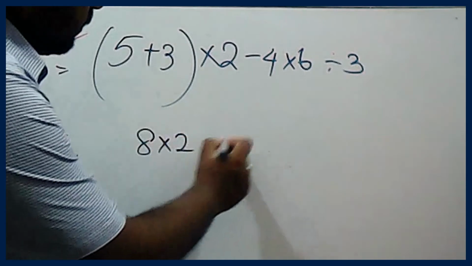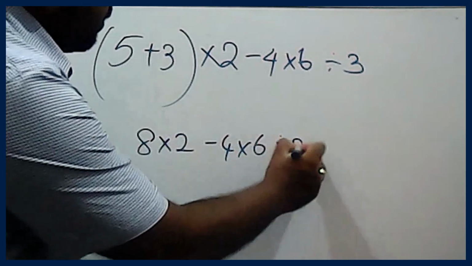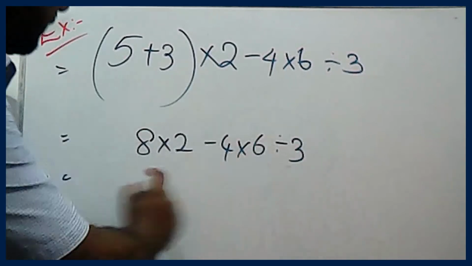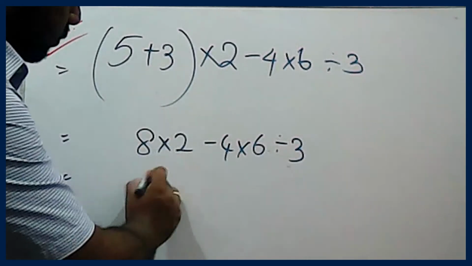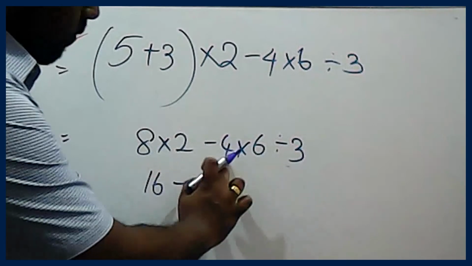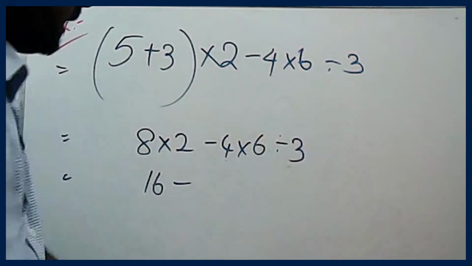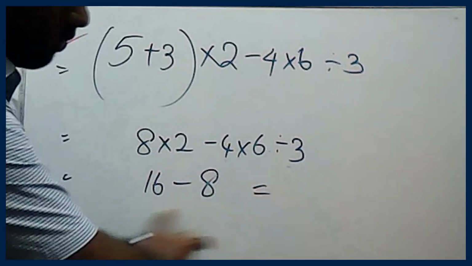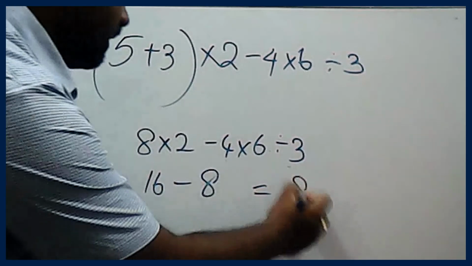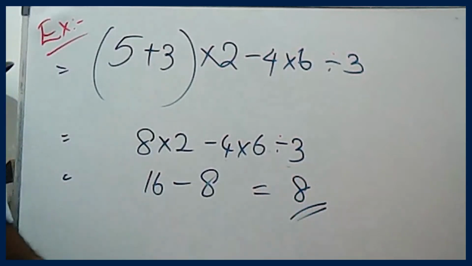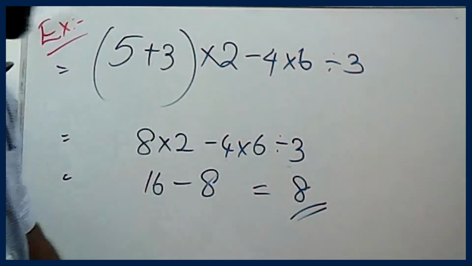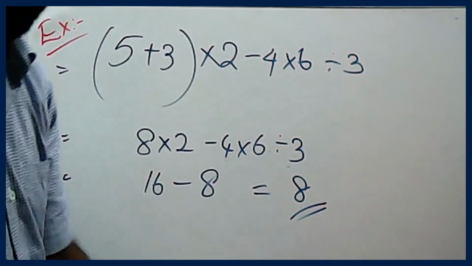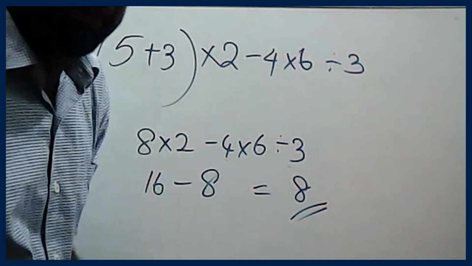Then 4 into 6 divided by 3. After that, you have to do multiplication and division. 8 into 2, 16 minus 4 into 6 divided by 3. What is the answer? 8. Now we have to do the subtraction. The answer is 8. So this is how you need to apply the BODMAS concept when you solve and use mathematical operations.